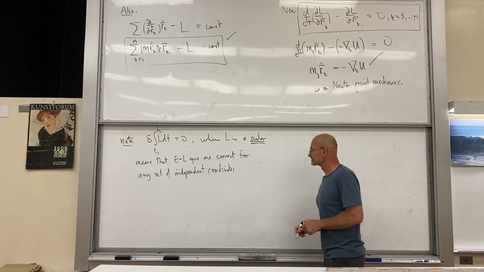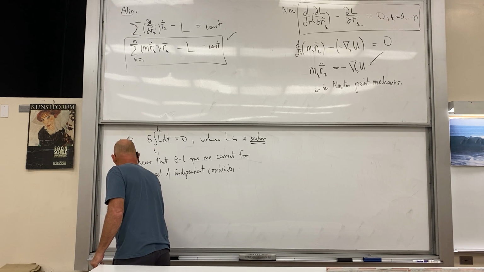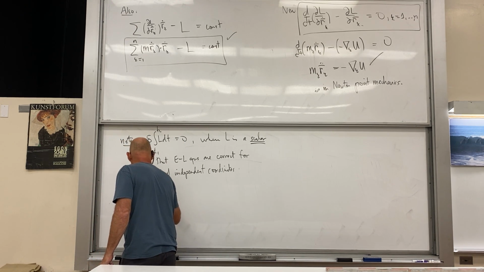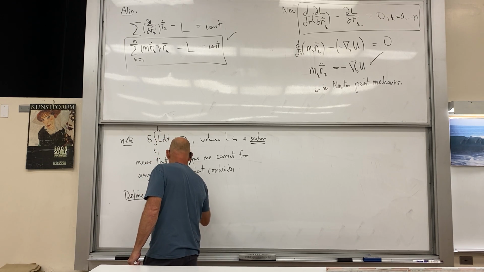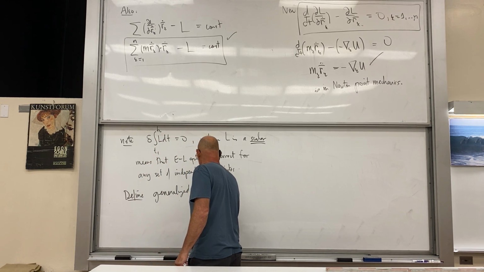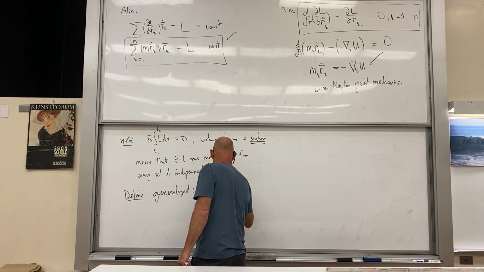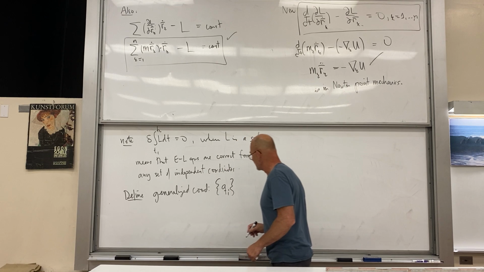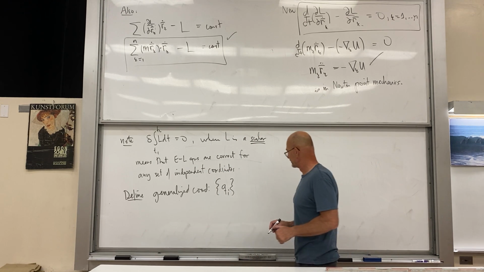Okay. So we're going to define the generalized coordinates. Define: generalized coordinates are any set of quantities that determine the position of a system.